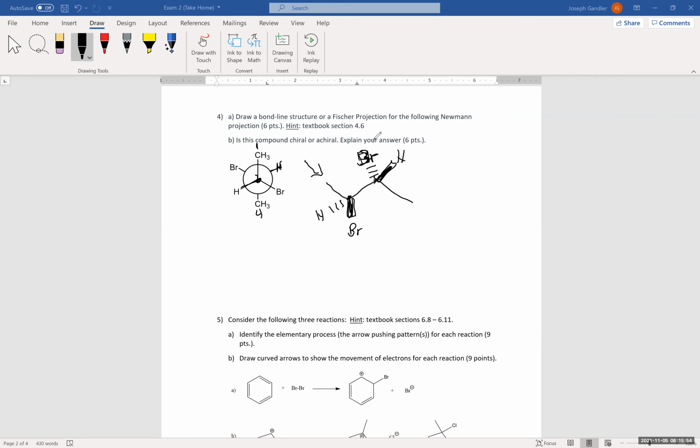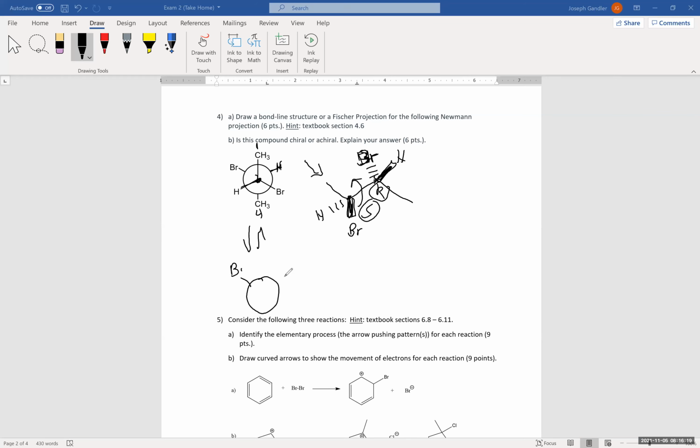And if you assign configuration, this is S, and this one's R, all right? Okay, and there's a couple of ways of looking at this. Let's look at it through the Newman. If you rotate the front group 180 degrees, let's keep the back group fixed.